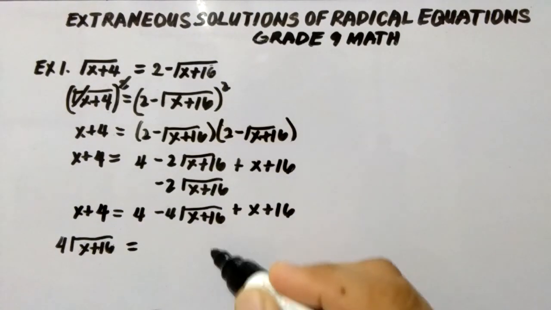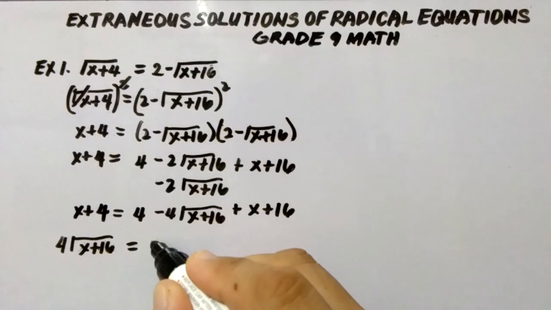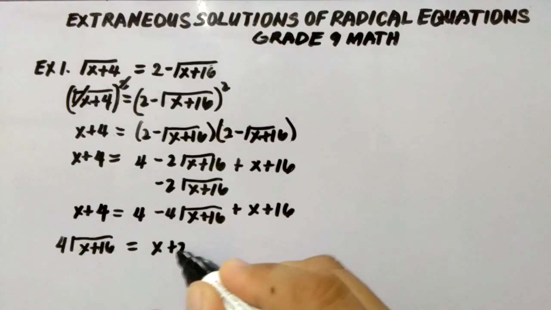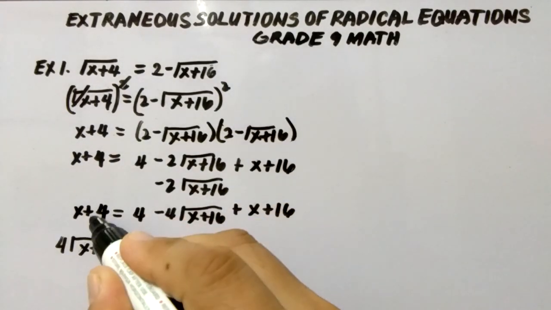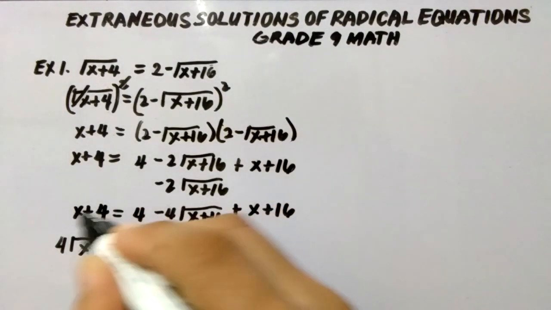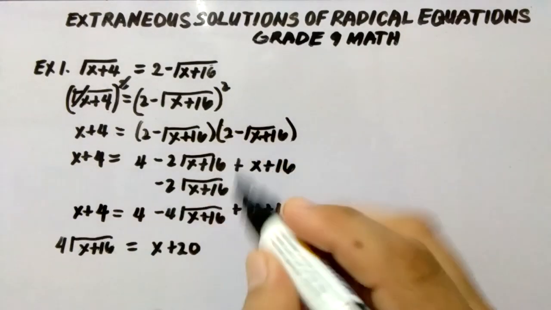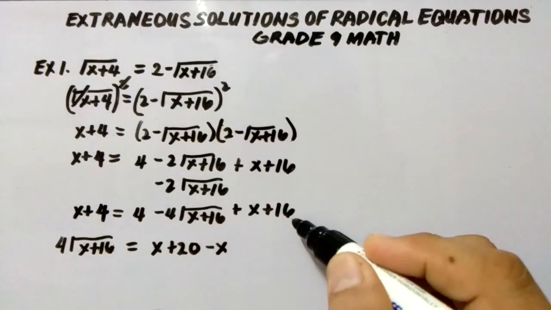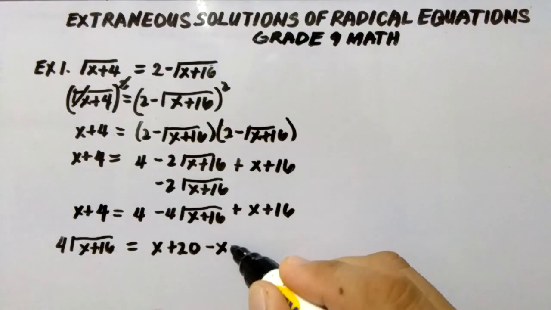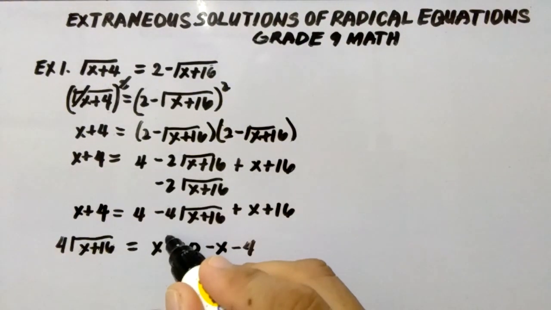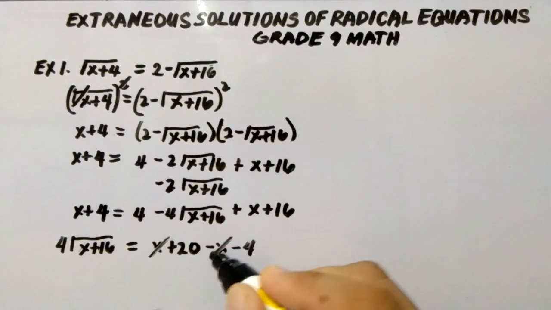Then equals, so we have x, then 4 plus 16, that is positive 20. Then, transpose po natin itong dalawa, x plus 4 dito po sa may right side. So, positive x becomes negative x. Then, positive 4 transpose to the right side. So, becomes negative 4. Then, makakancel po itong x and negative x.